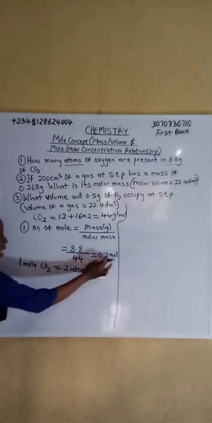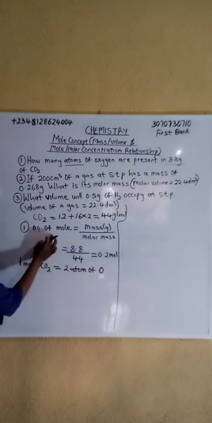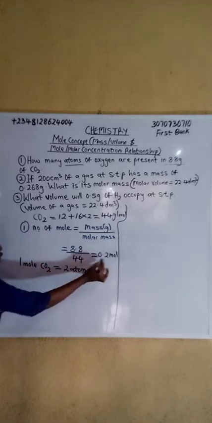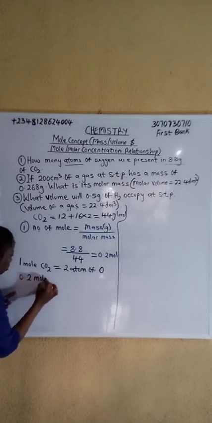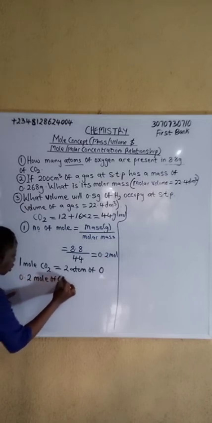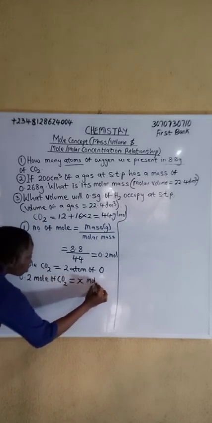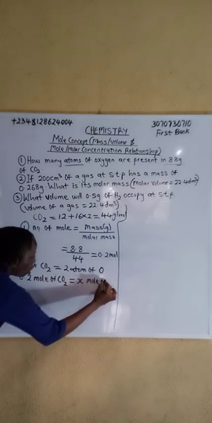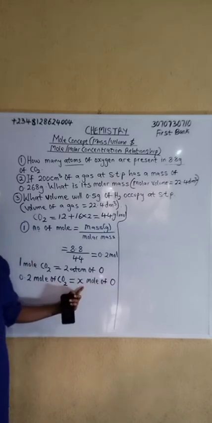So now we write under mole. This side is for mole of carbon 4 oxide. So this 0.2 is for carbon 4 oxide. We are going to bring this 0.2 mole of CO2, equivalent to X mole of oxygen. We are looking for the number of mole of oxygen.